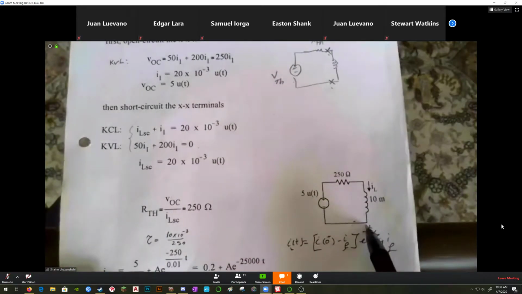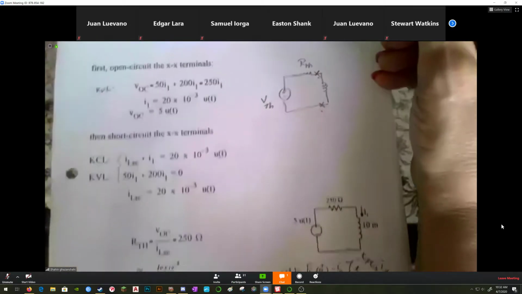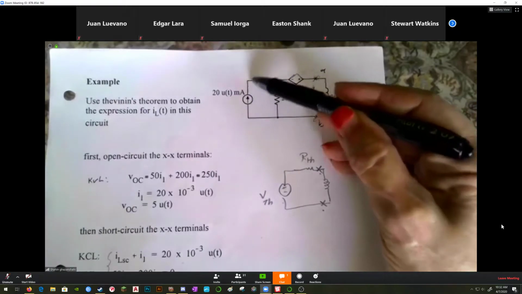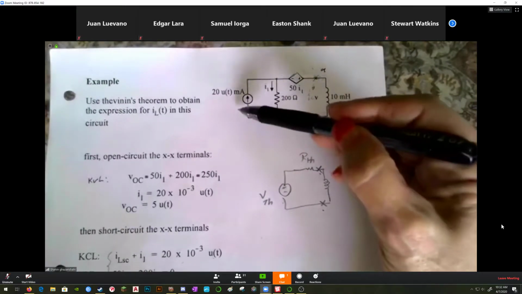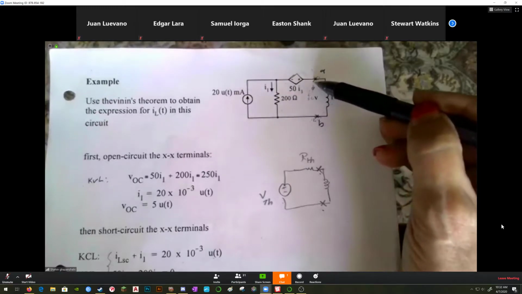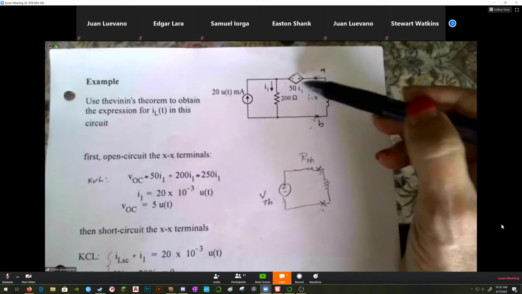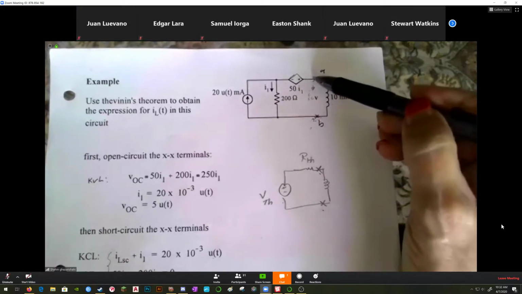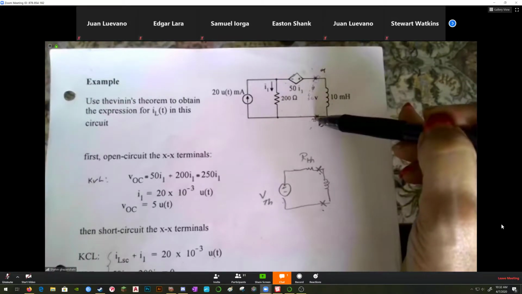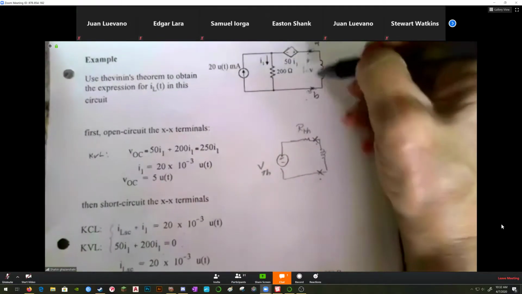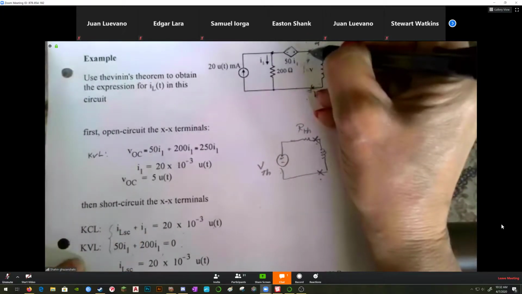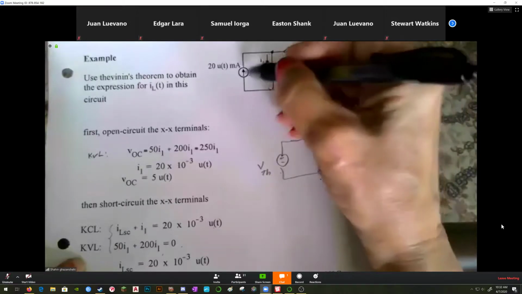So I calculated the Thevenin equivalent here, like what we do, open circuit voltage. So all this current goes here. Why does all this current go here? Because this is open again, correct? Then you apply KVL to the loop to get the open circuit voltage. Then you short this one between A and B, and you calculate what? Short circuit current. I did it using KCL: I short circuit plus I1 is this current.